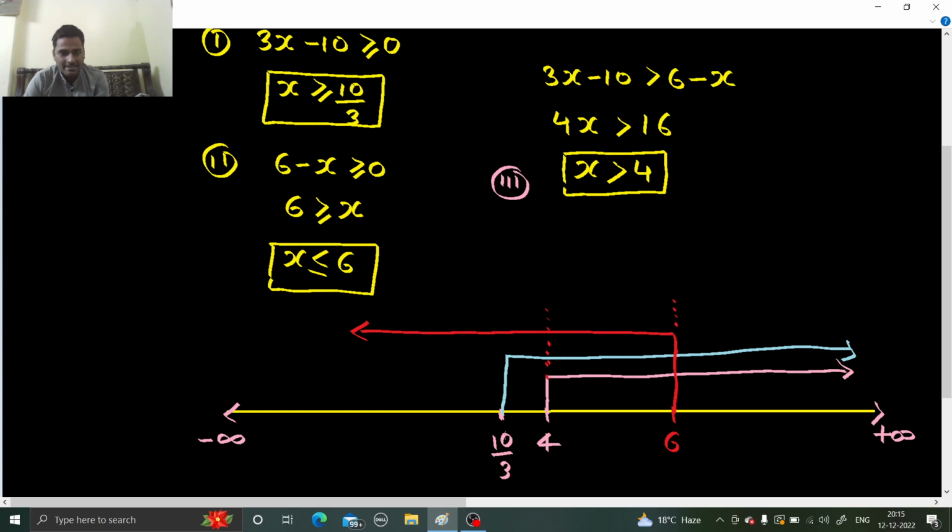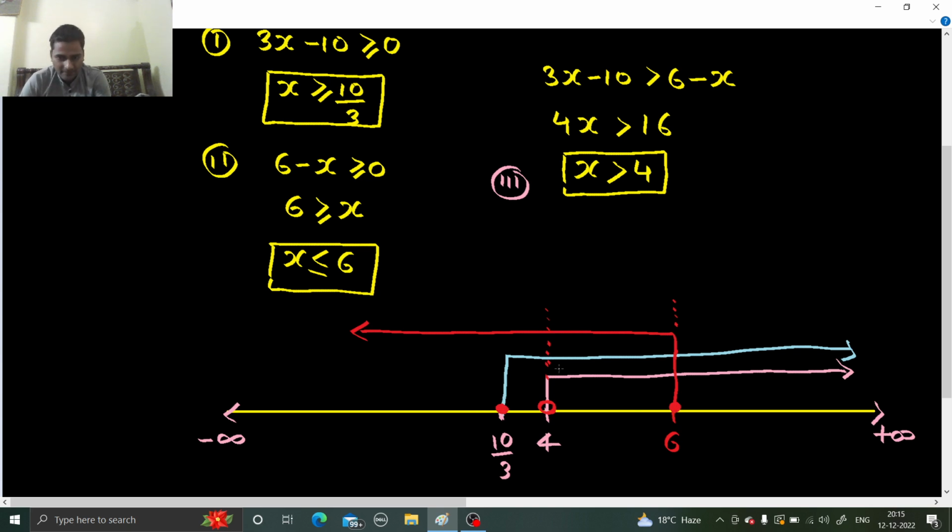And what is that region? Look, in x greater than 4 we don't have equality, so we'll not include 4. So better take an open or hollow circle. But yes, 6 and this 10 by 3 are to be included if needed.